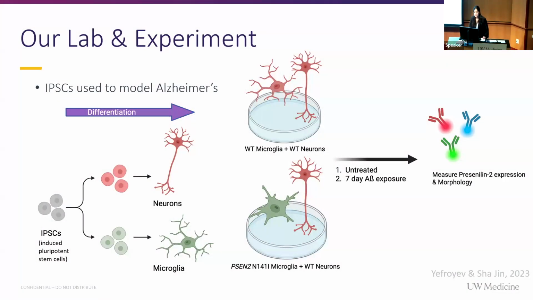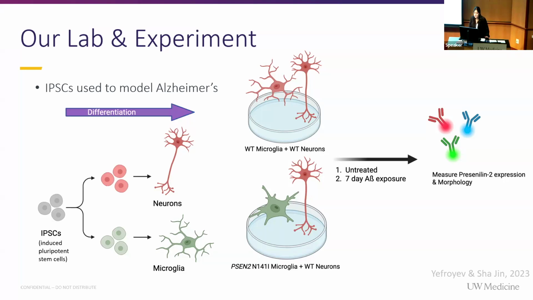In our lab, we use iPSCs to model Alzheimer's disease, and these are cells reprogrammed to be used in disease modeling. The iPSCs are then differentiated into neurons and microglia. In my experiment, I looked at cell populations where neurons and microglia were grown together in a co-culture.